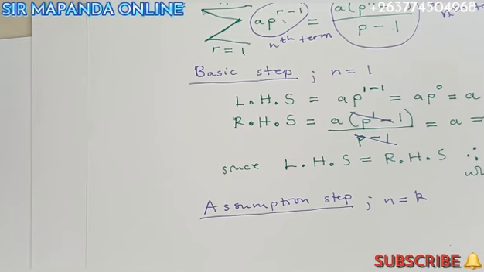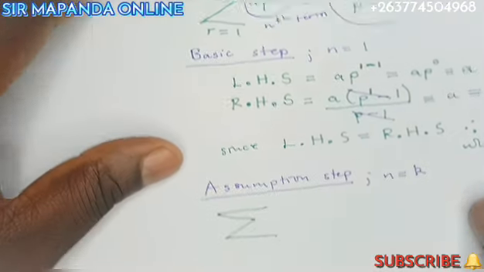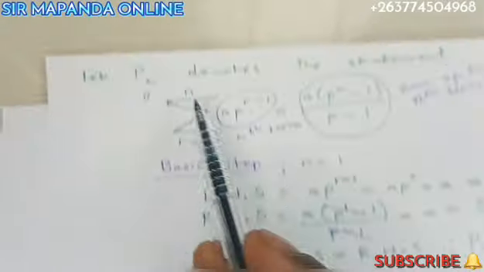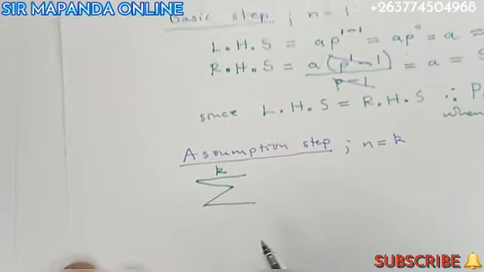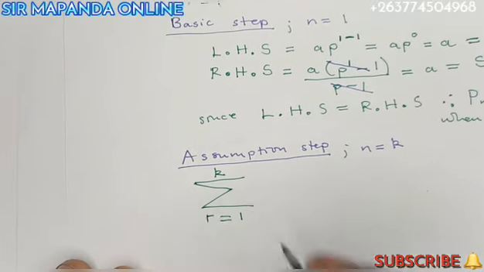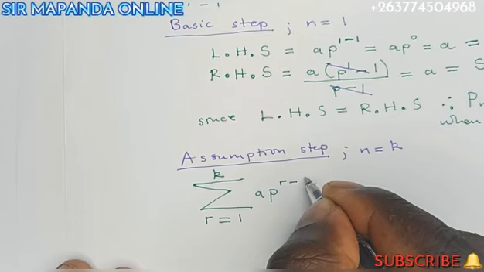So I'm going to substitute k on the left and k on the right. So you get summation, you put k on n here. So you get r is equals to 1, then a p to the power of r minus 1.